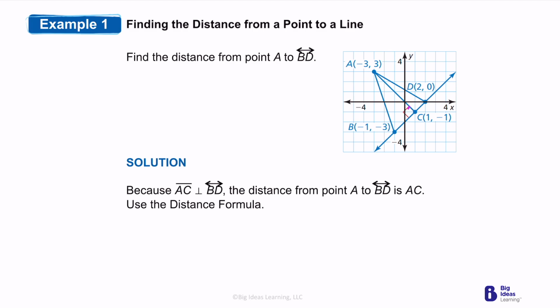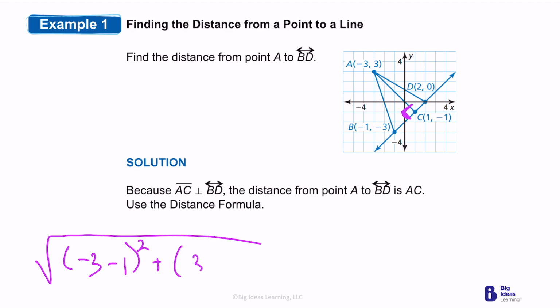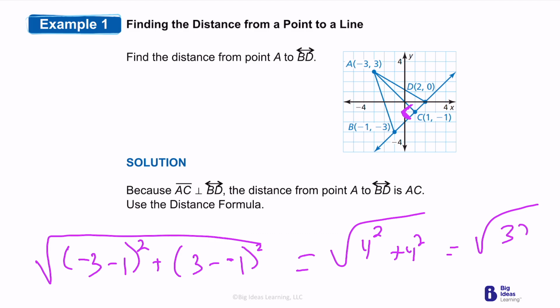They're perpendicular. Right here's your little symbol saying that. So your distance is the distance from A to C, or AC. So use the distance formula. So square root of negative 3 minus 1 squared plus 3 minus negative 1 squared. So that gives me square root of 4 squared plus 4 squared. So square root of 32, which is some number.